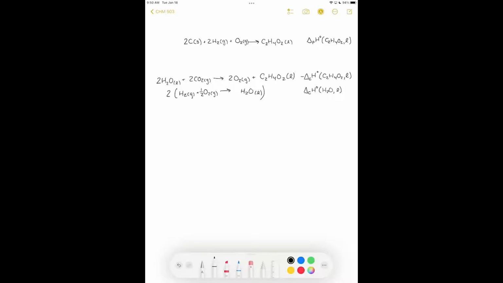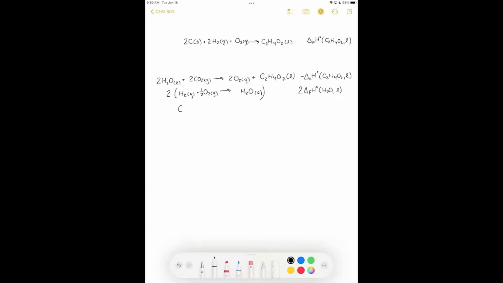This is the formation reaction for liquid water. So I'm going to erase the C and put an F there to remind us this is in fact a formation reaction. And since I'm doing this reaction twice to make 2 molecules of liquid water, I need to double this formation reaction here.